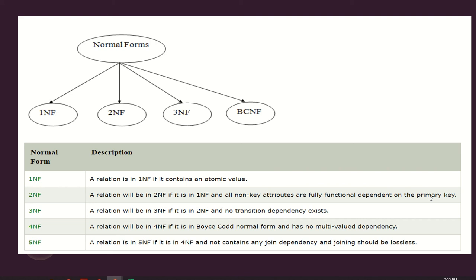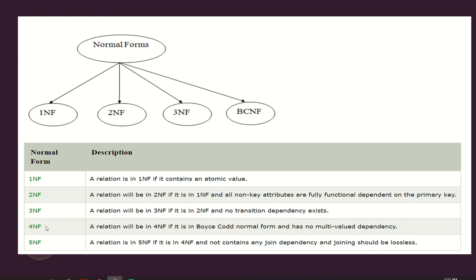We will study all these points in detail, but for now just understand the condition for each normal form. If you want to make a table into 3NF, it should be in 2NF, and also no transitive dependency must exist.